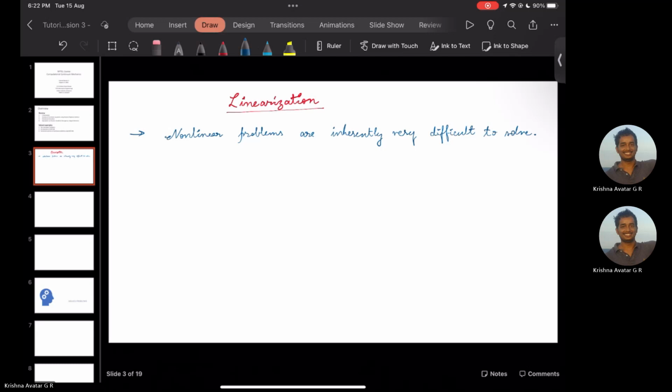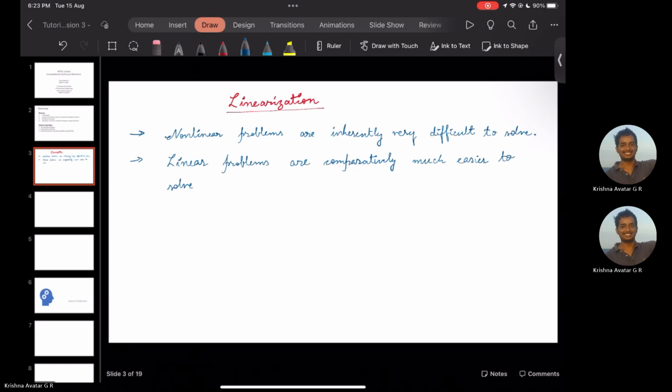So why do we need linearization? The thing is, linear problems are comparatively much easier to solve. All the solution techniques are actually designed to solve linear problems.